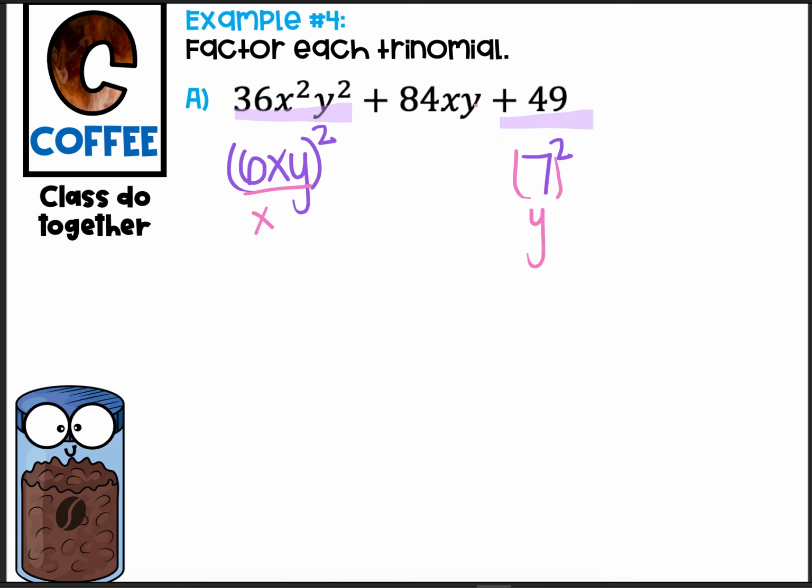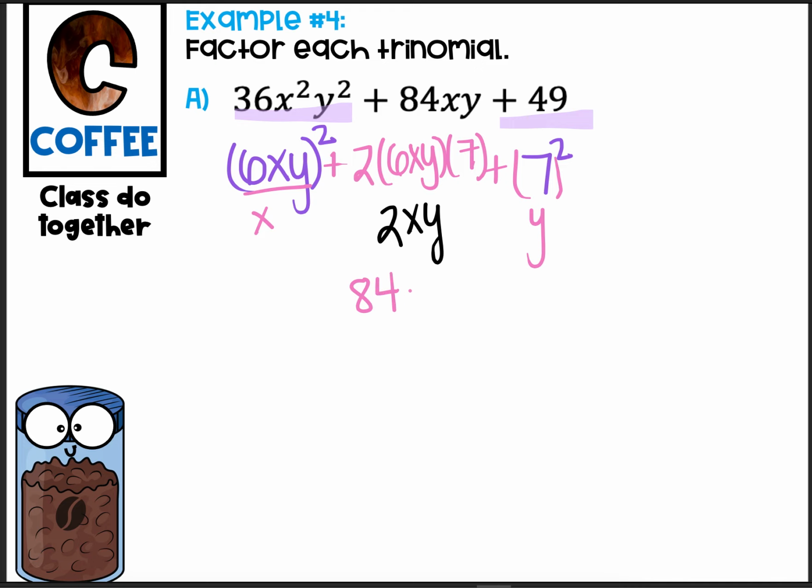I have to check if my middle term is 2xy, which in this case would be 2 times 6xy times 7. 2 times 6 times 7, that's 12 times 7, 84.